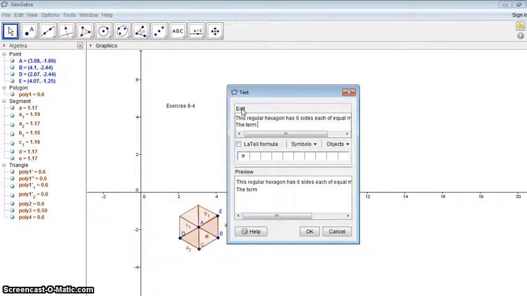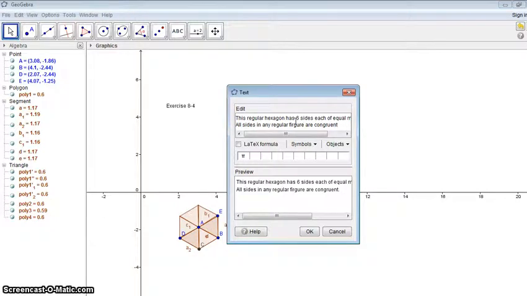The term regular refers to the sides. All sides in any regular figure are congruent.